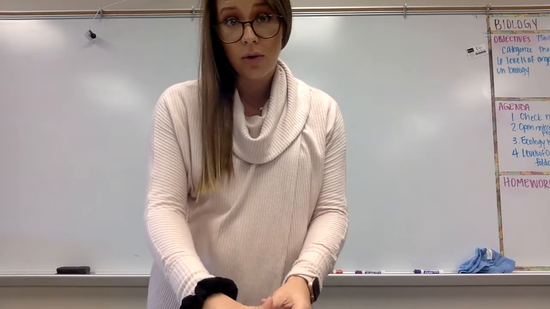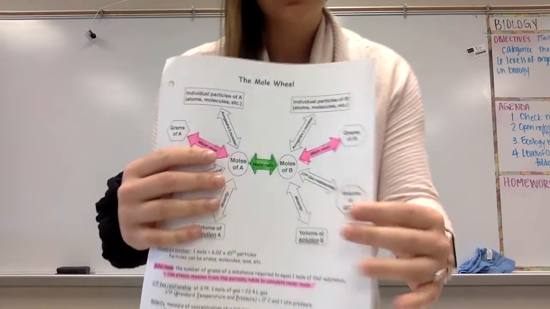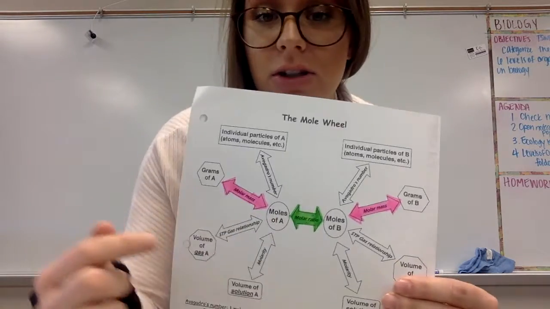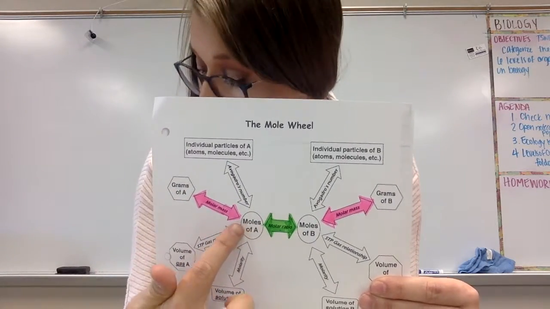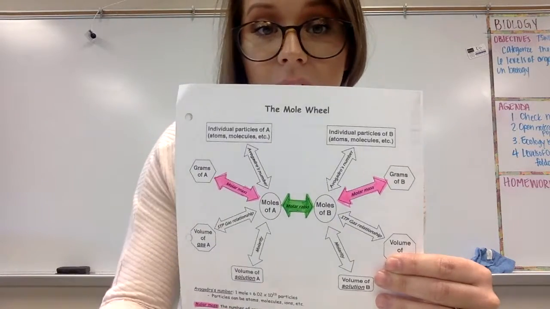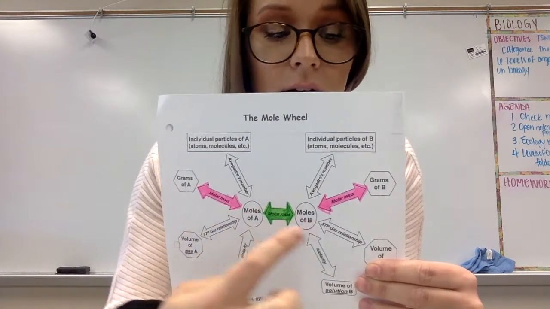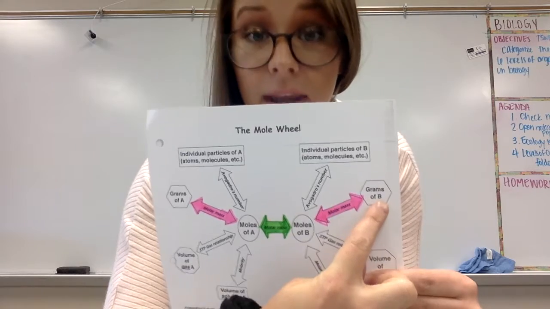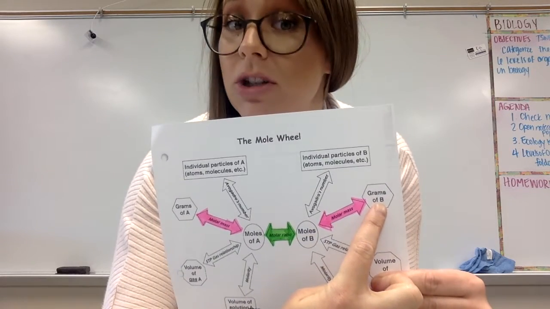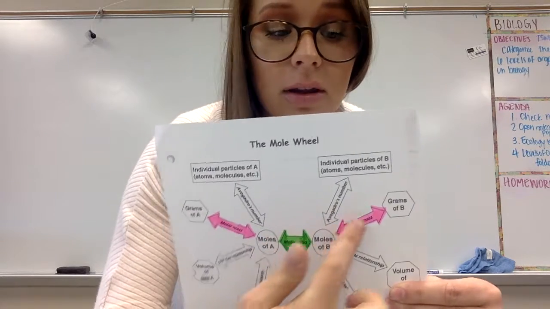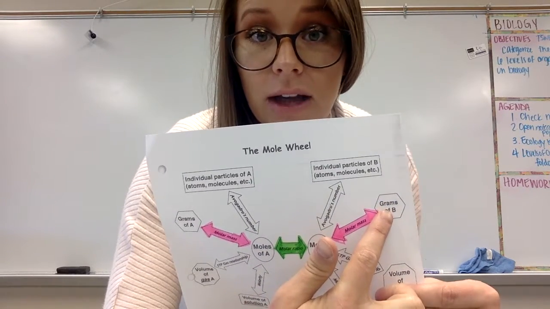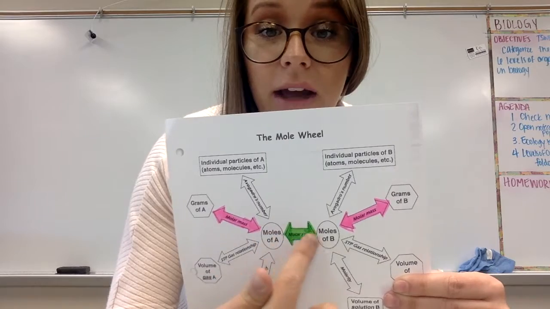So on your mole wheel, you should identify you are starting with moles of A, which is moles of magnesium. And we're asked for grams of B, or a new substance, which is hydrochloric acid. So we're going from moles of magnesium to grams of hydrochloric acid. So that's the pathway that we're going to take here.